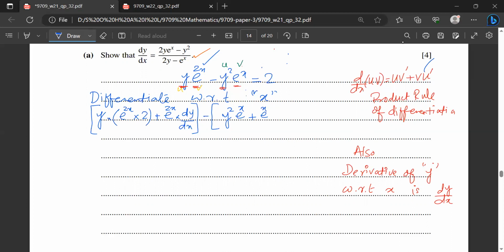This is the power rule: the derivative of y square is 2y raised to the power 1, times the derivative of y, which is dy by dx, is equal to 2. The derivative of 2 is 0 because it is a constant.